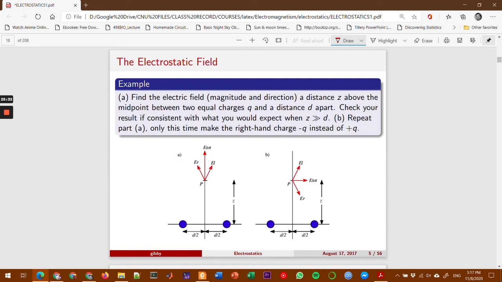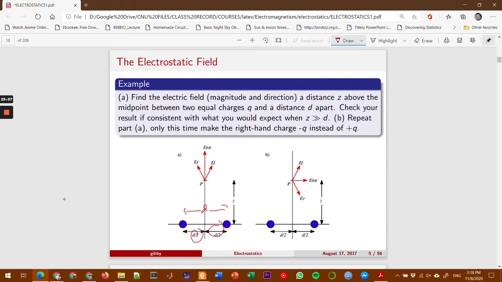So example. So let's say we want to find the electric field a distance z above the midpoint of two equal charges q. So na siya di q. A distance d apart. So this is d. Therefore, automatically this is d over 2. Tama. Now you check your result if consistent with what would you expect.